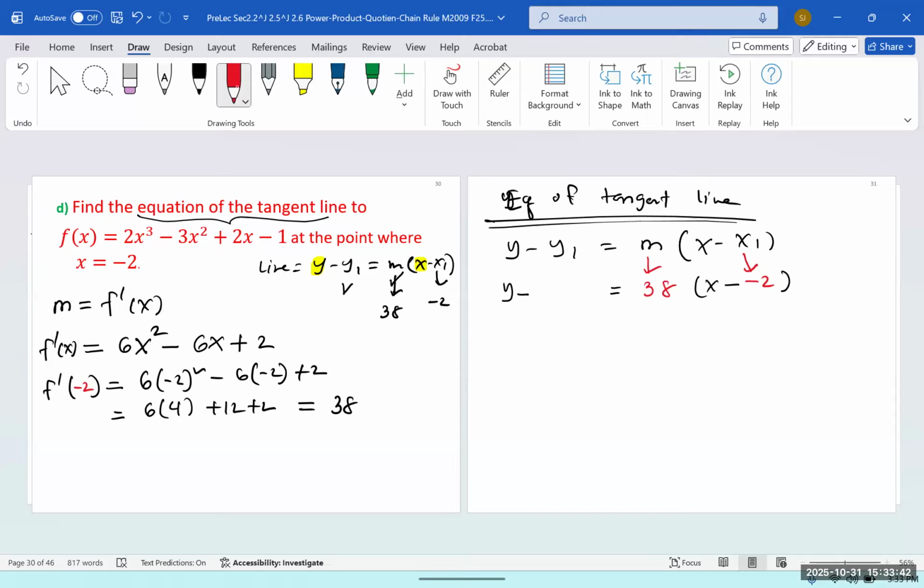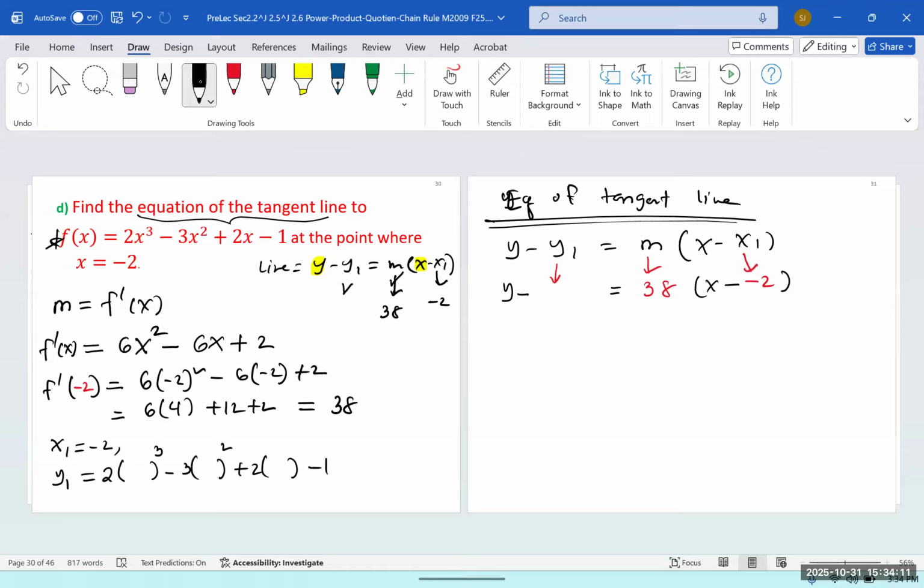Which one is missing? y1. How do you find y1? They gave us x1 is -2, so y1 you find by plugging into the original function: 2 times -1 cubed minus 3 times -1 squared plus 2 times -1 minus 1.